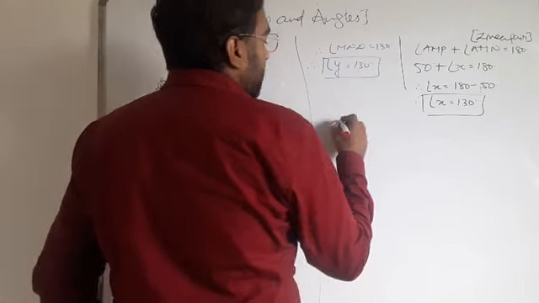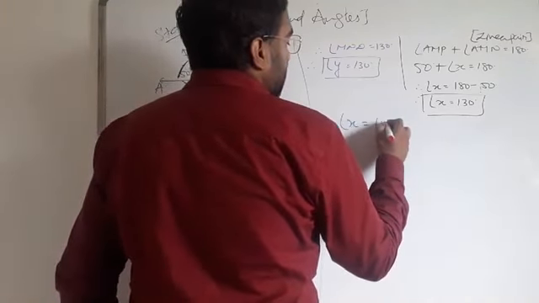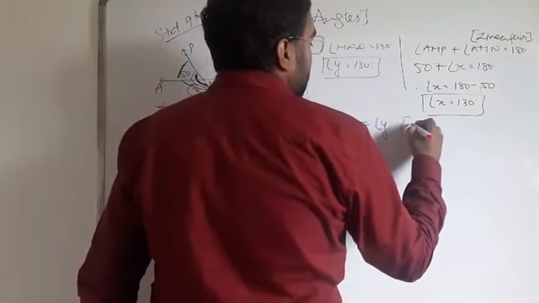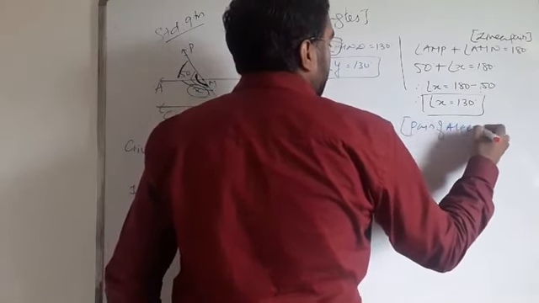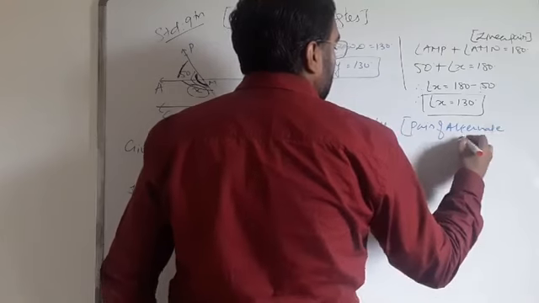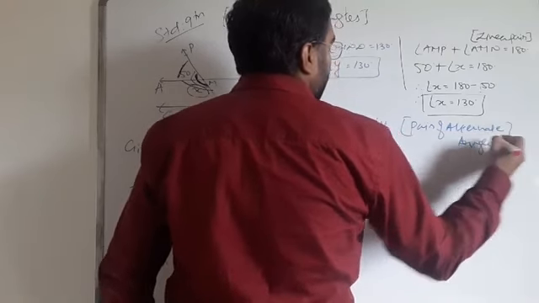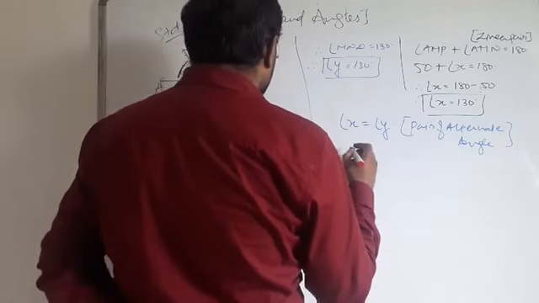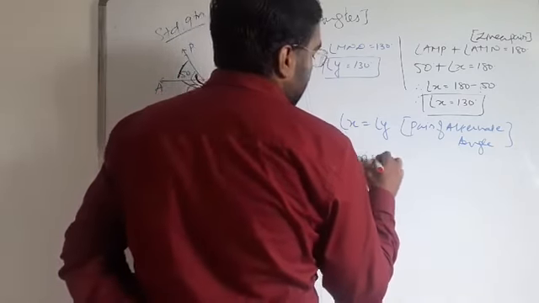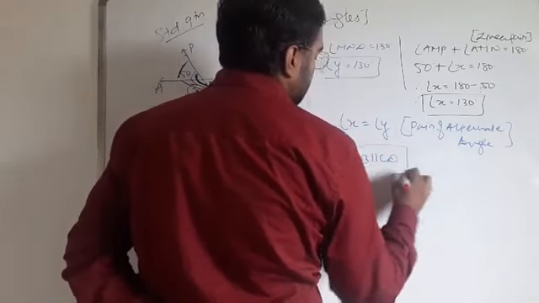Here we have to say angle x is equal to angle y because they form a pair of alternate angles. So therefore AB is parallel to CD.